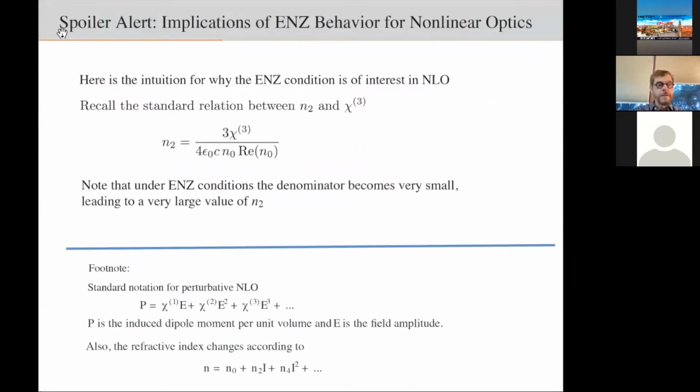Okay, I call this a spoiler alert. If I were giving the talk differently, I would introduce this thought only halfway through and let the tension build. But there's an obvious question. What is the relationship between epsilon near zero behavior and a strong nonlinear optical response? Well, here is an intuitive way of understanding it. There's a standard relationship between n2 and chi3.